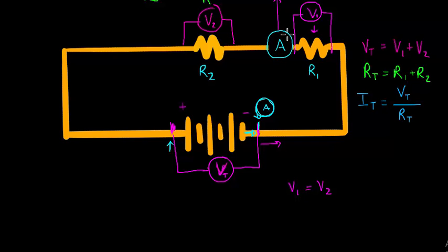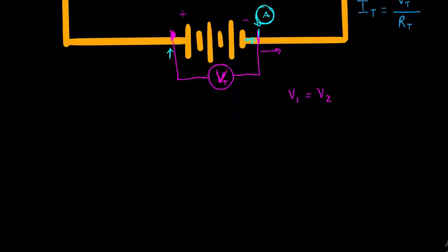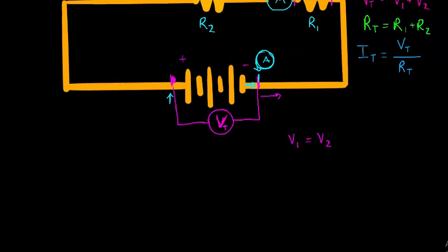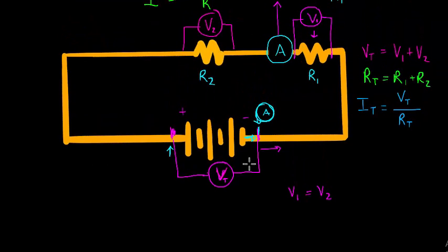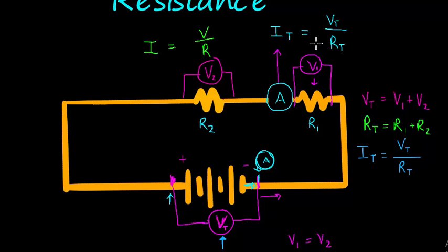So now if I wanted to measure it here, I would have to take my total voltage, which is the voltage over the battery, divided by my total resistance, which is simply adding these two, and that will give me, again, at any point in here where I measure the current, it would be the same.